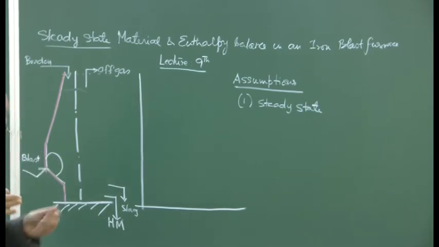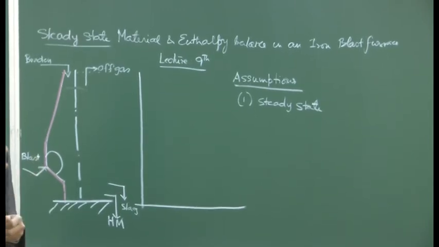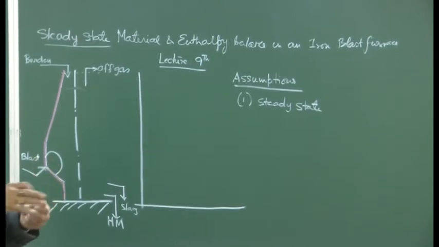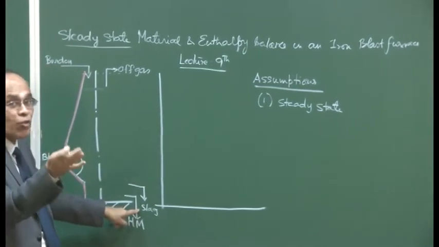Of course, if your duration is on an hourly basis, then you will see that there is a transient in blast furnace operation, because in some cases you will be opening the slag hole and tap hole, and sometimes you will be closing it.